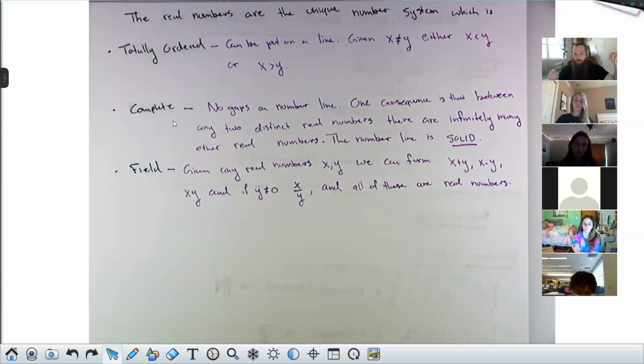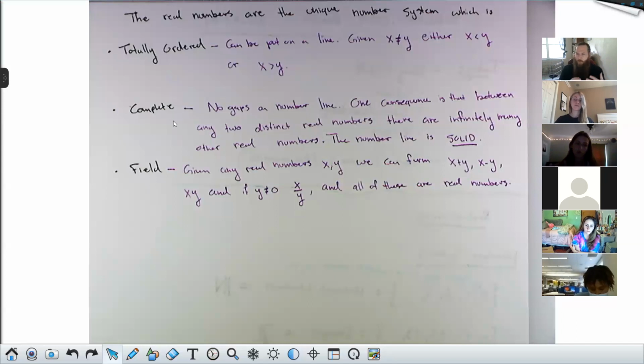The rational numbers are like a faint sprinkling of dust over that line. If you were to look at your real line and pluck out all the irrational numbers, what would be left are the rational numbers. And then necessarily, because you've removed them, now you've got gaps. And you can't have gaps and do calculus. You can really only do calculus if your number system is solid.